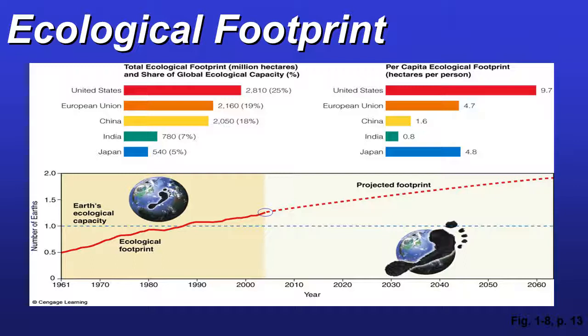Now, this doesn't mean we're in dire straits. What it does indicate, though, is the evidence that we've reached the biological capacity in some regions is showing up as environmental degradation. Polluted water, polluted air, biodiversity decline, and so on.